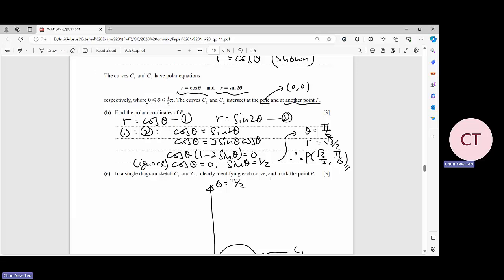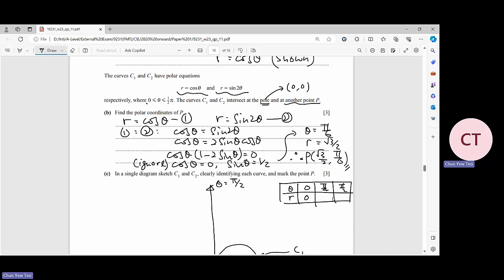So over here, for r equal to sin 2 theta, if you are not so sure about the graph, we usually suggest you draw a table. Theta from 0 until pi over 2, and in between, I will assume that it will pass through pi over 4. Then I find r.